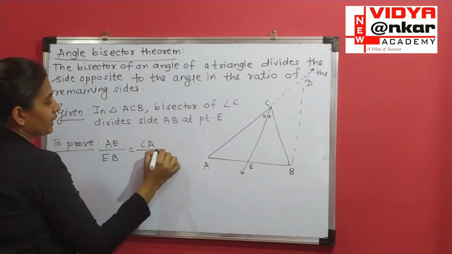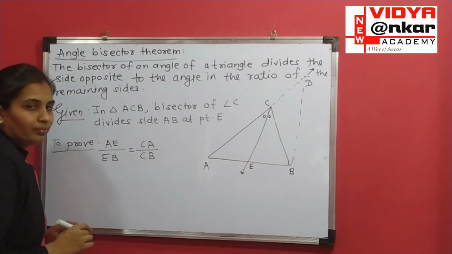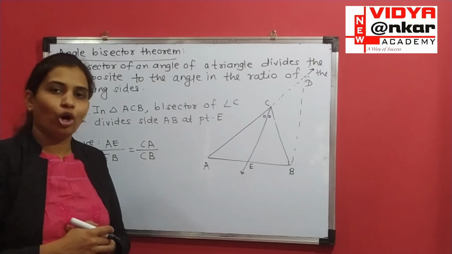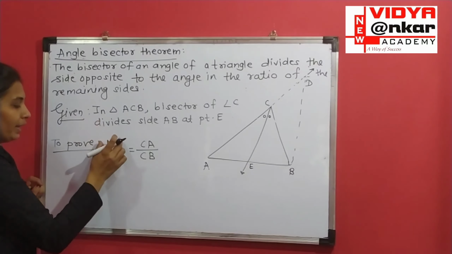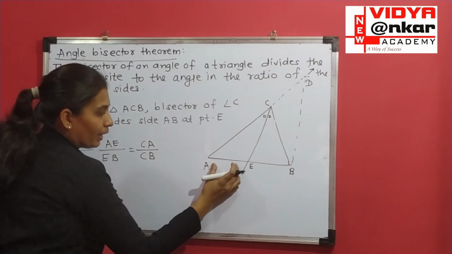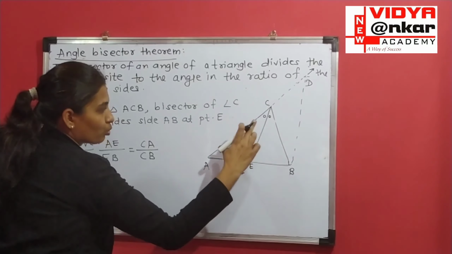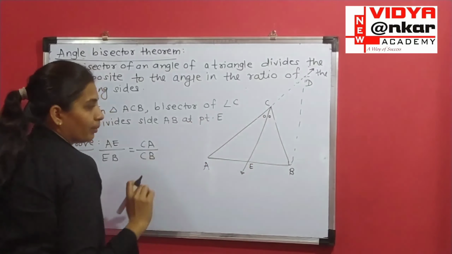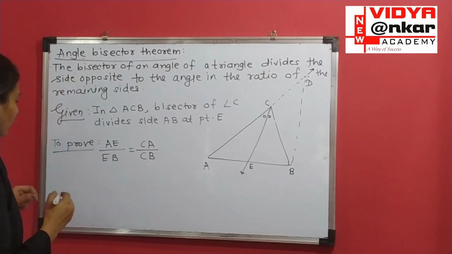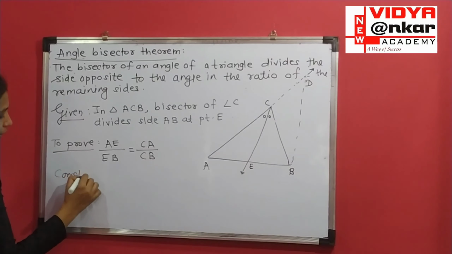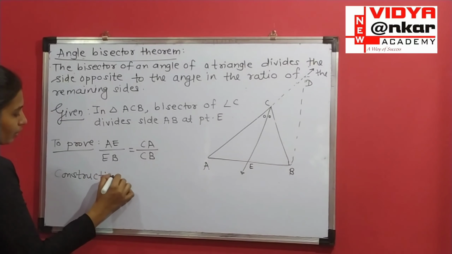So I can write here CA or AC upon CB or BC. Okay. So we have to prove AE upon EB equals CA upon CB. Is it clear?